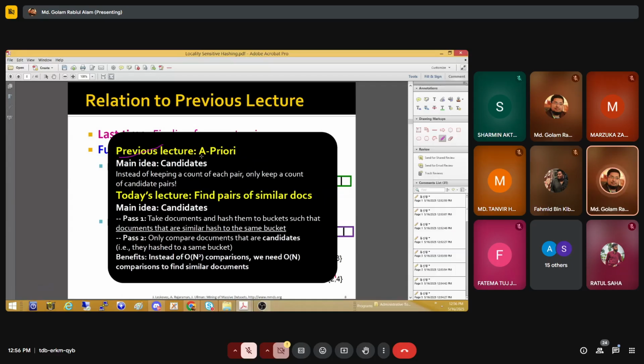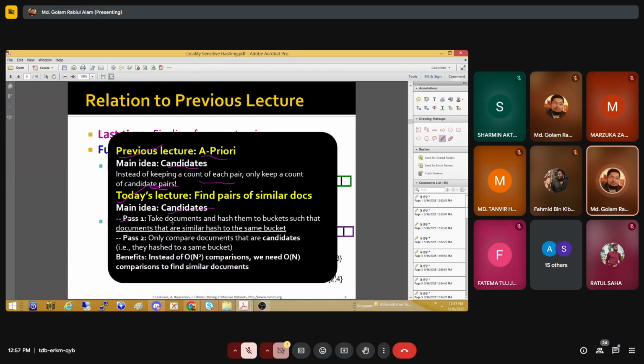The difference here is that previously, in the a priori algorithm, the main idea was to find the candidate item sets. Instead of keeping a count of each pair, only keep a count on candidate pairs. The same thing applies in today's lecture: to find similar documents, the idea is the candidates.